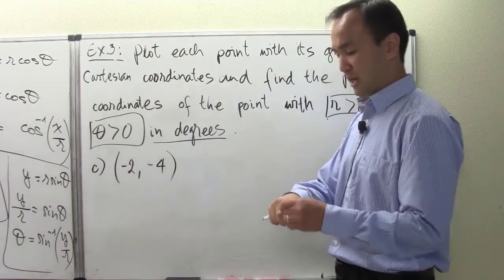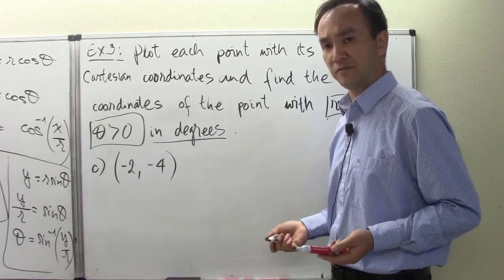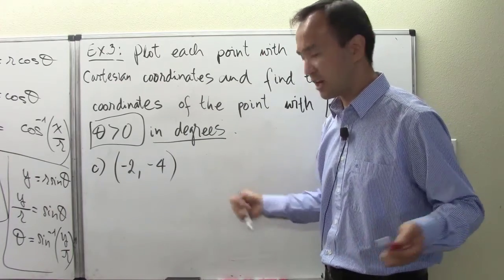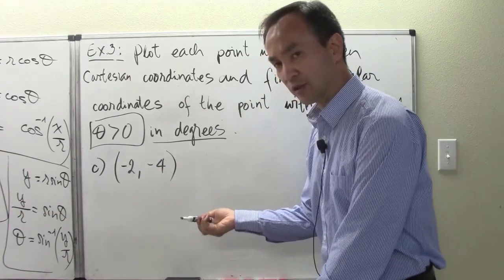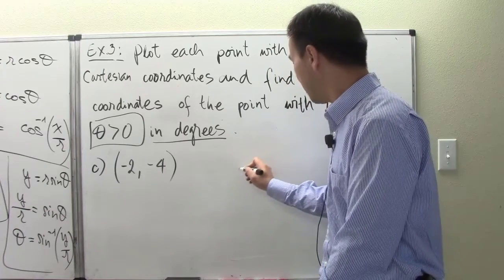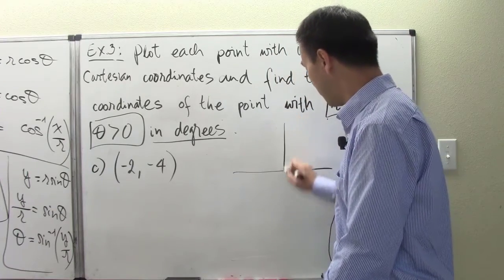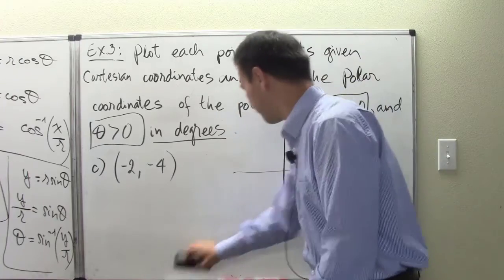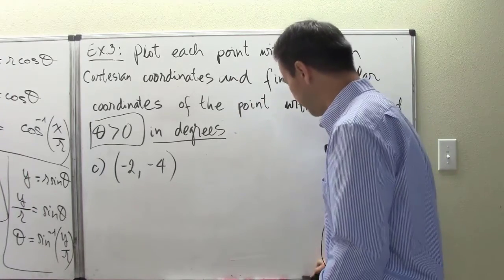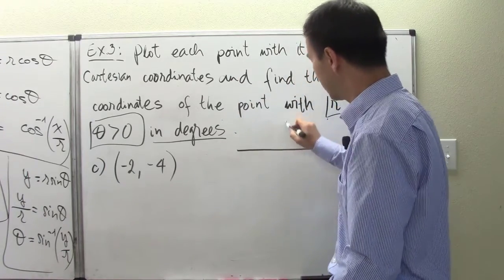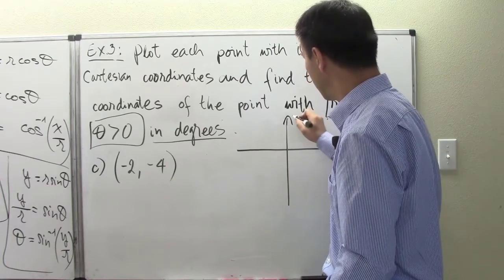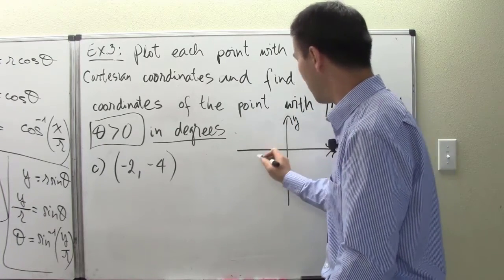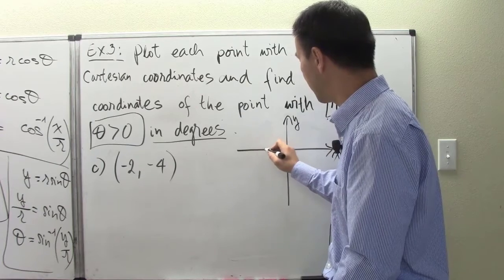Negative 2 comma negative 4. It's a point represented in rectangular coordinates or Cartesian coordinates. So as a plot of the points, the y-axis, the x-axis, the point is somewhere down here, negative 2 and negative 4.